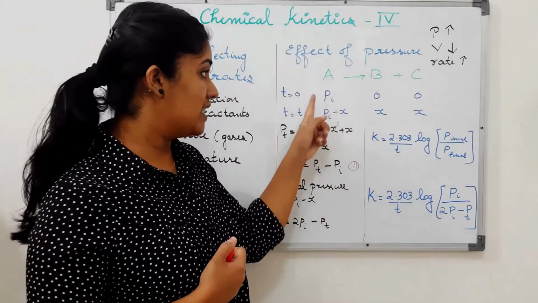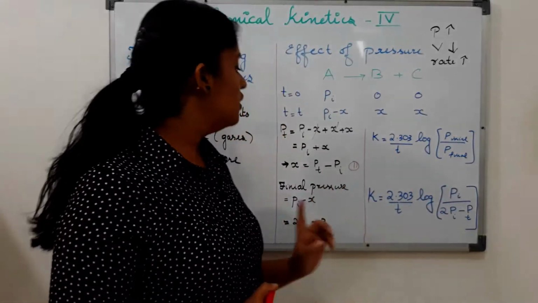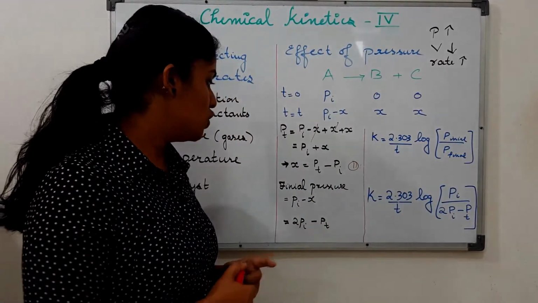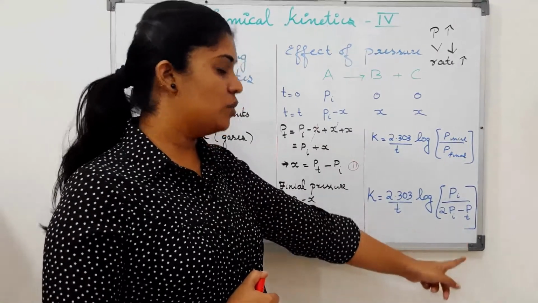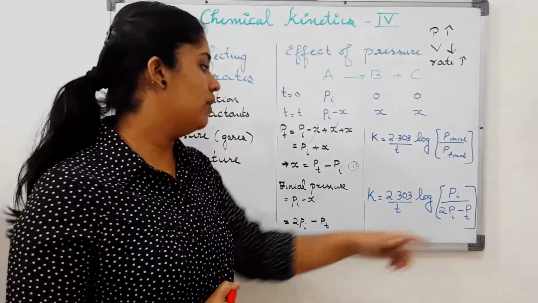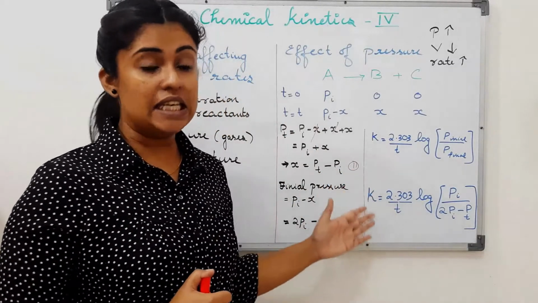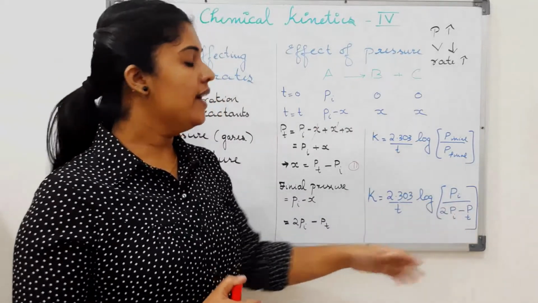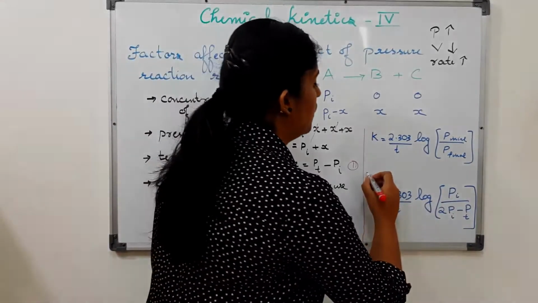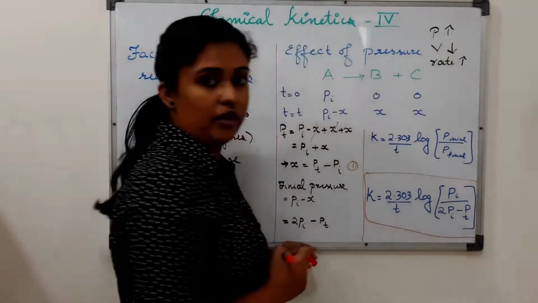For the reactant A, the initial pressure was Pi, and the final pressure we found out to be 2 Pi minus Pt. So substituting that here, we can say that K equal to 2.303 by t log Pi by 2 Pi minus Pt. And this equation is the integrated rate law for first order in terms of pressure, that is for gases.